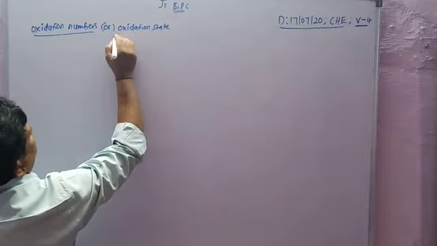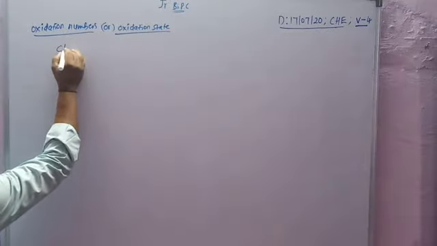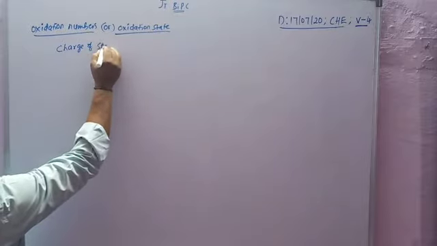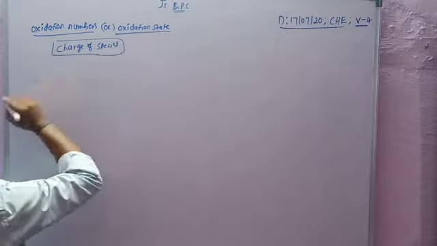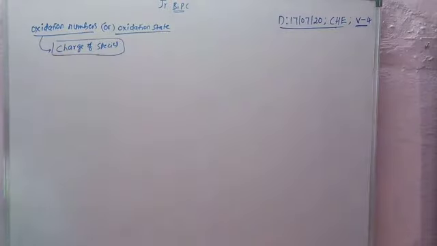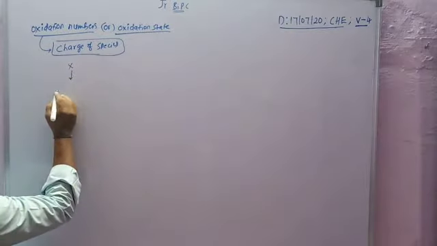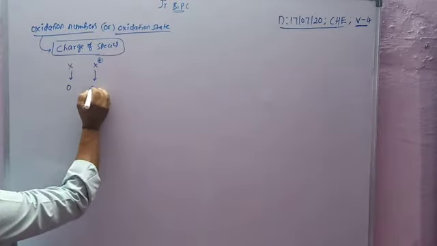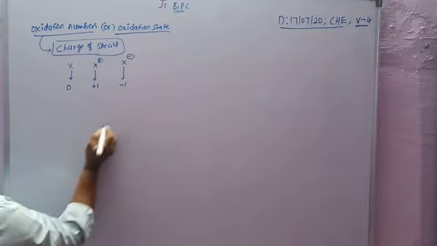Simply, oxidation state or oxidation number means the charge of the species. The charge of the species is called the oxidation number. So it is X with charge 0, X plus with charge +1, X minus with charge -1.